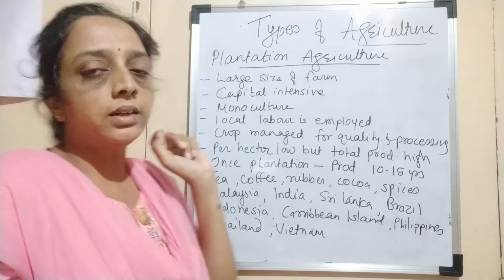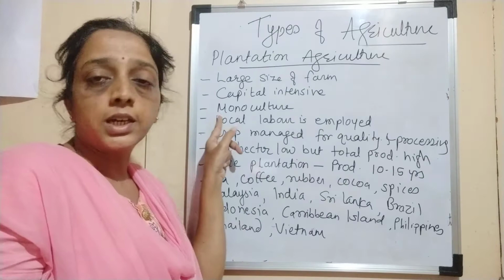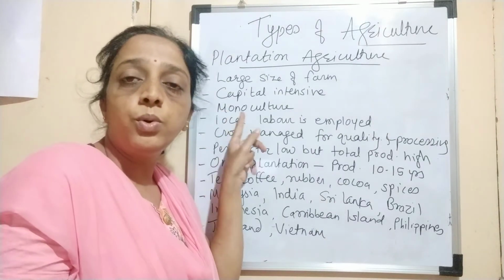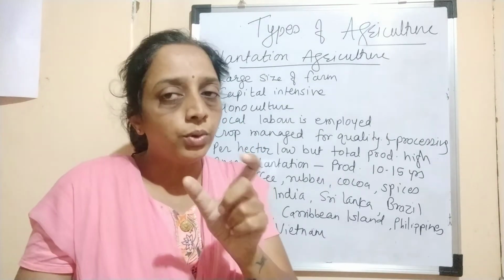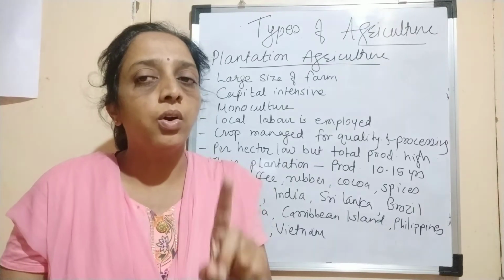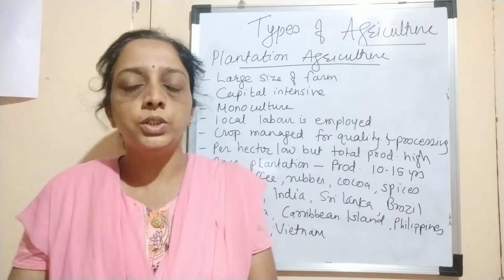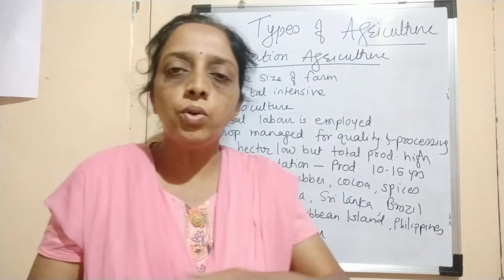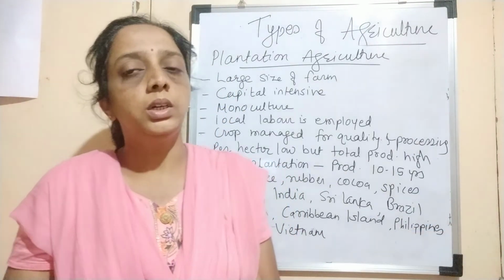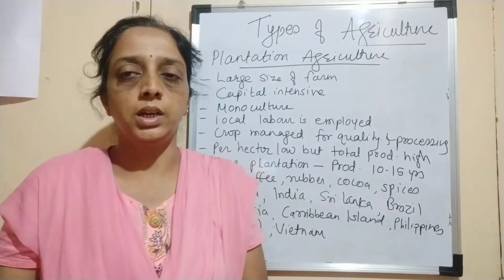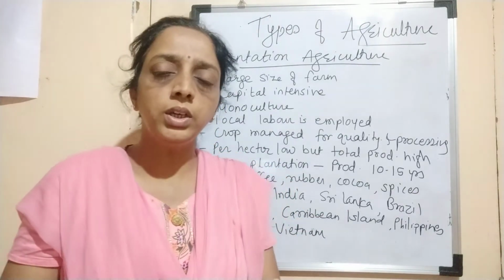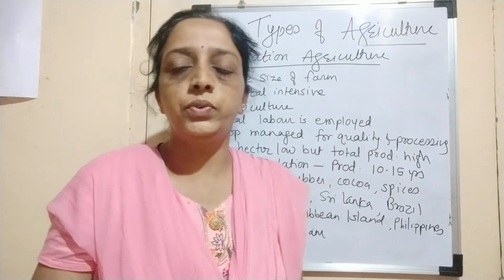Another characteristic is that this type of agriculture is monoculture agriculture. Monoculture means a single crop is taken in agriculture. In a tea plantation, you might have seen the whole plantation has only tea crop. In a coffee plantation, only coffee trees are there.